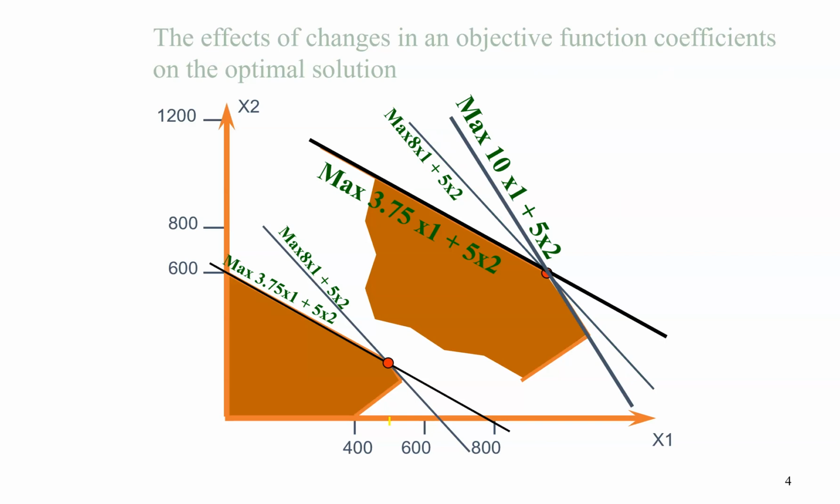Just now we found out that the lowest the coefficient can go is 3.75. After that, if we decrease it more, the solution will change. Now, what happens when we increase it from 8 to 10?